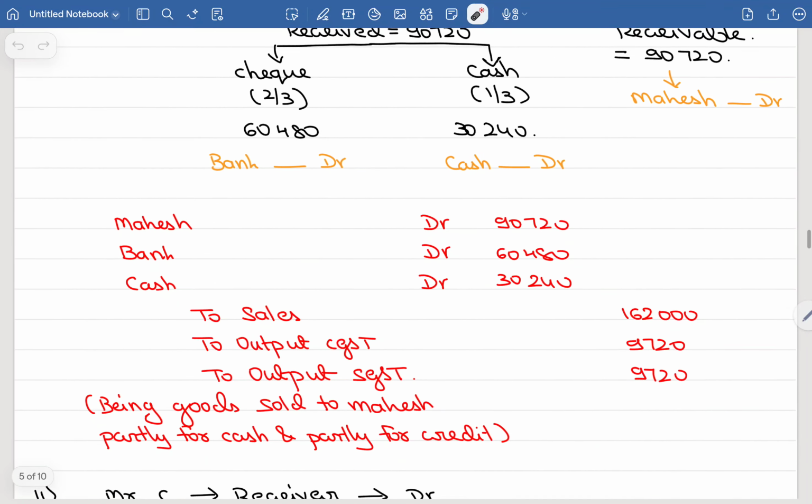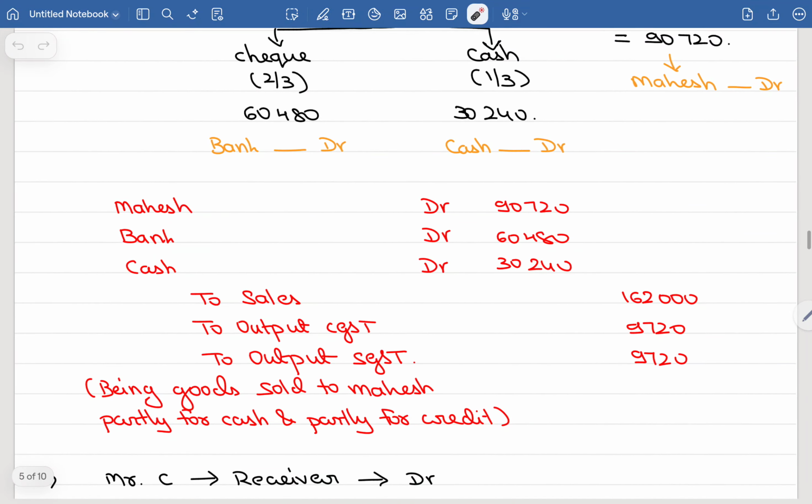So my journal entry for this transaction will be Mahesh account debit 90,720 receivable, bank account debit 60,480, cash account debit 30,240, to sales account 1,62,000, to output CGST 9,720, to output SGST 9,720, being goods sold to Mahesh partly for cash and partly for credit.